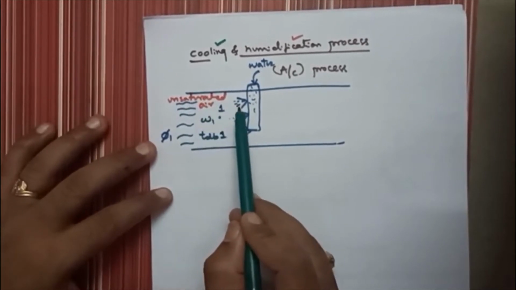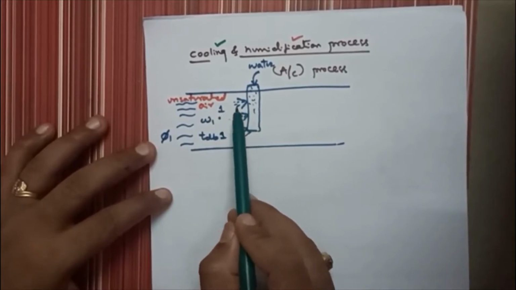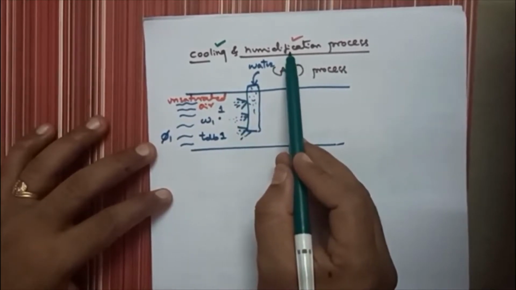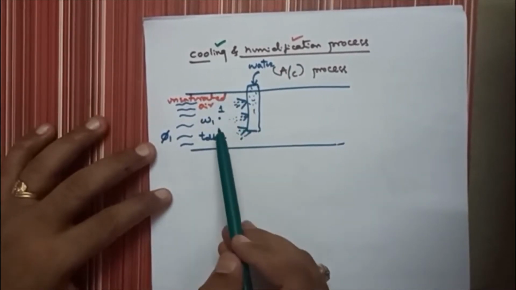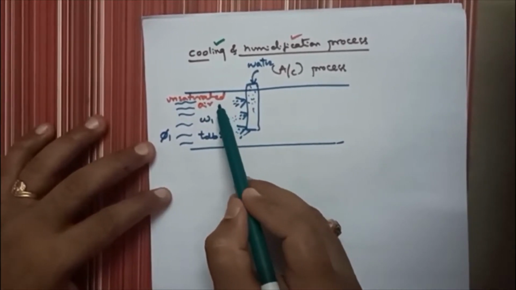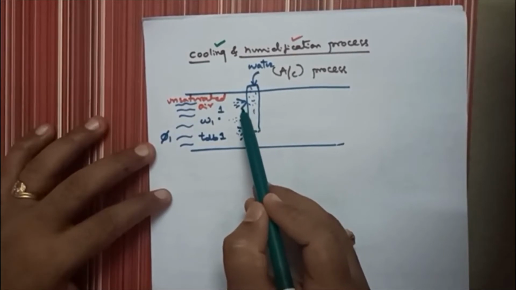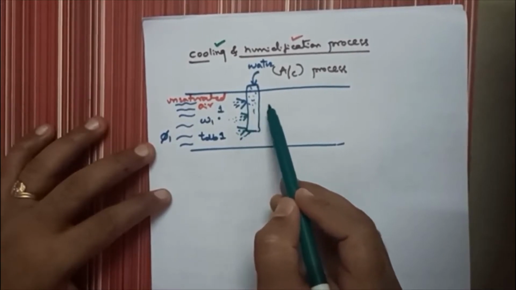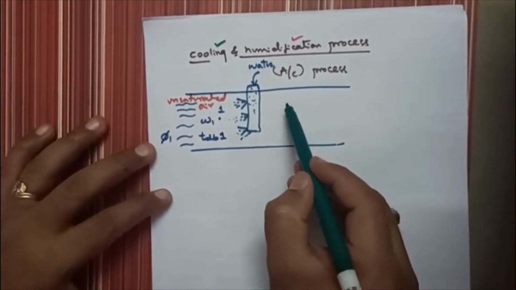So addition of water is called humidification, and decreasing the temperature of the air is called cooling. Now this unsaturated air absorbs water and it will become saturated at point number 2.